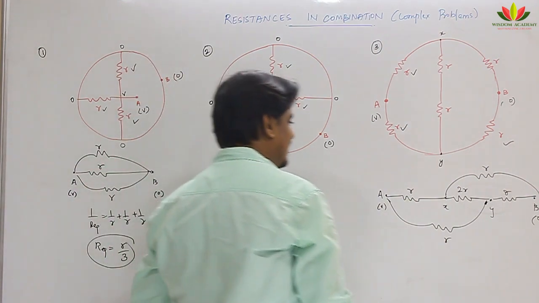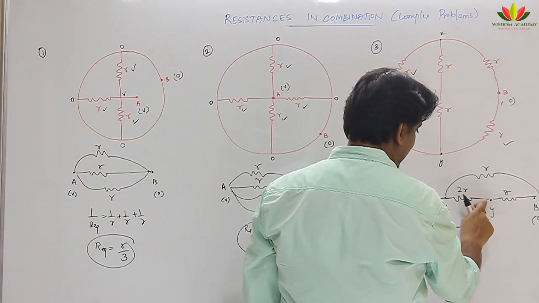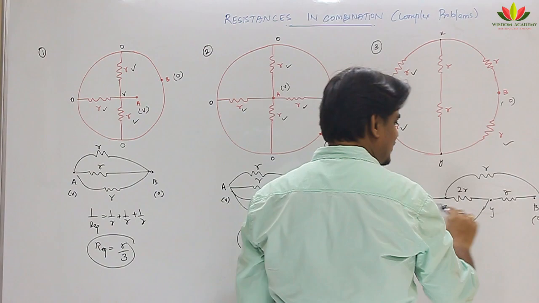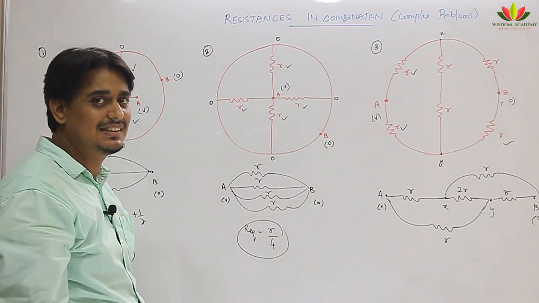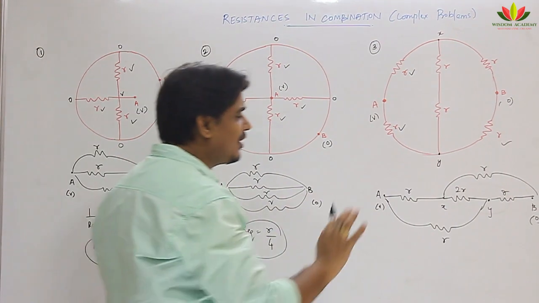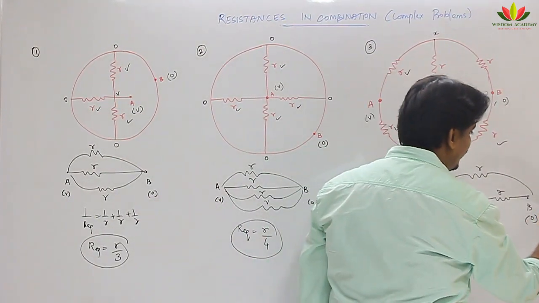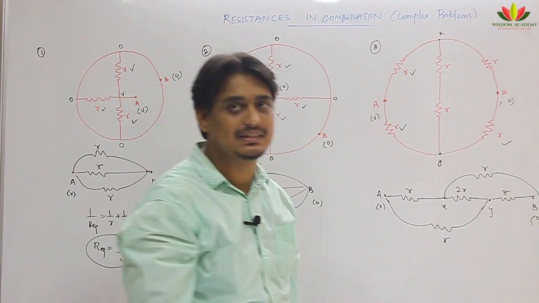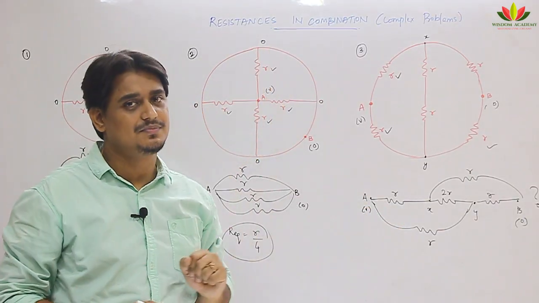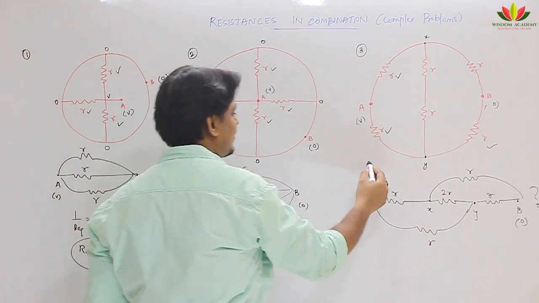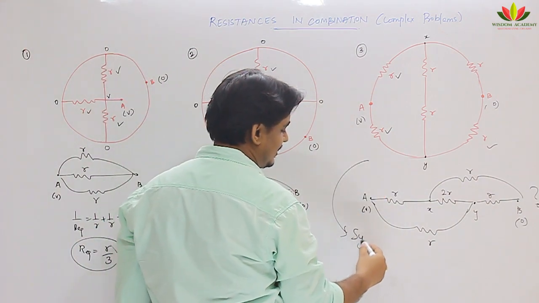No, I cannot say like that. So all these points are of different potential. So is it possible to find the resistance? No, not by the method we have learnt now. So how to solve this question? Can you solve by equal potential method? Definitely not. But this question can be solved by something called the symmetry method.